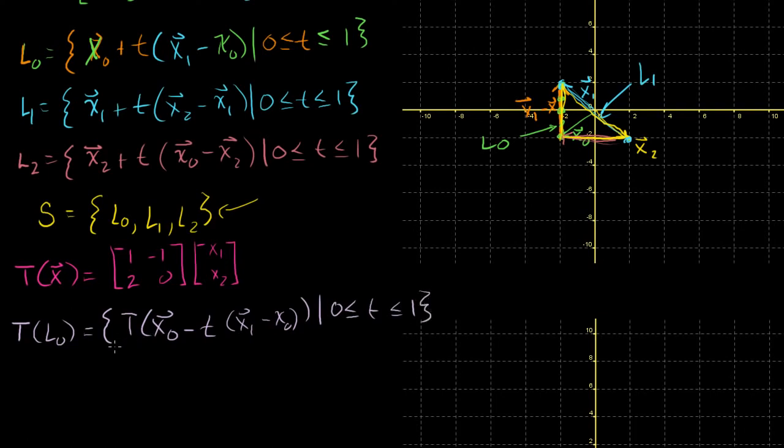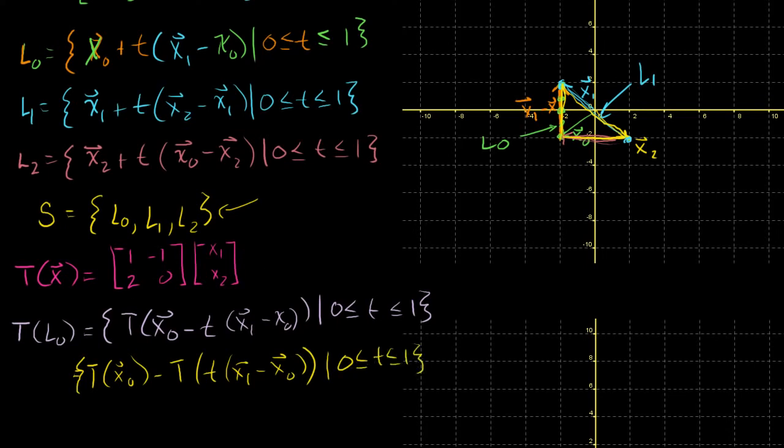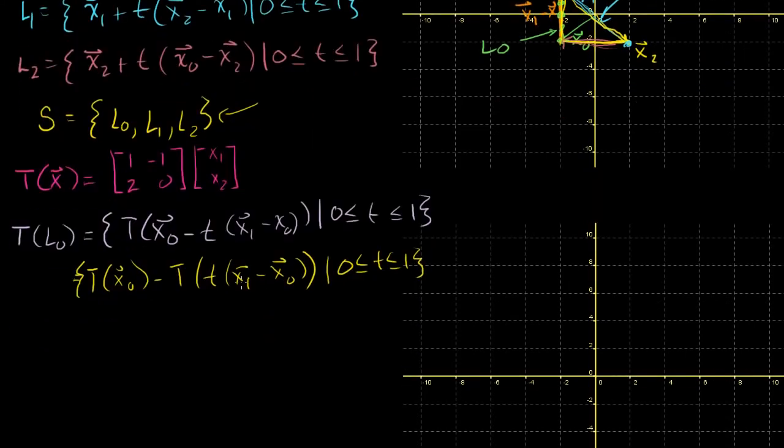This, just by the properties of linear transformations, is equal to the transformation of x naught minus the transformation of our scalar t times x1 minus x naught, for all t's between 0 and 1. And then what is this equal to?